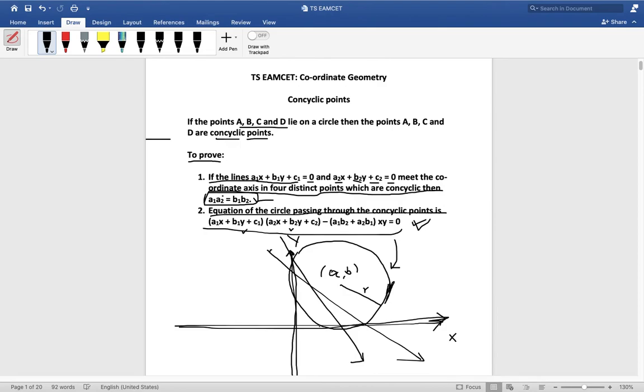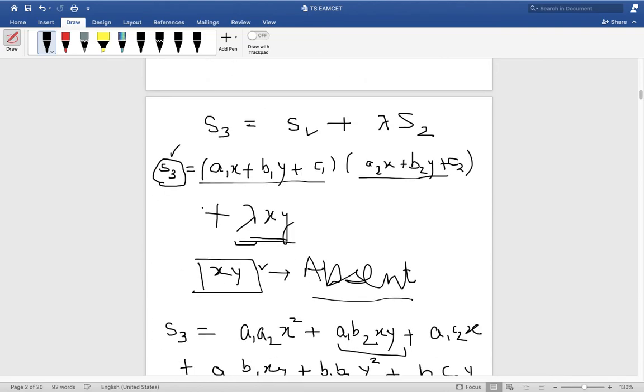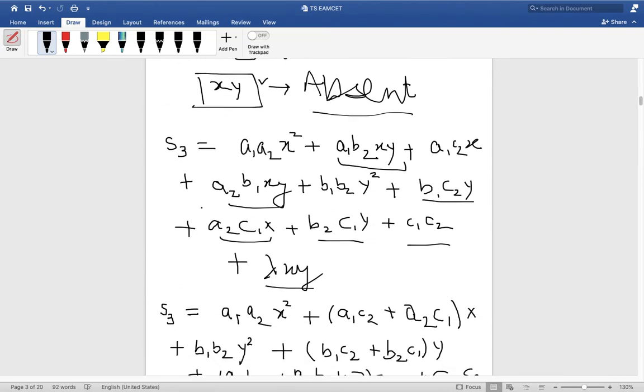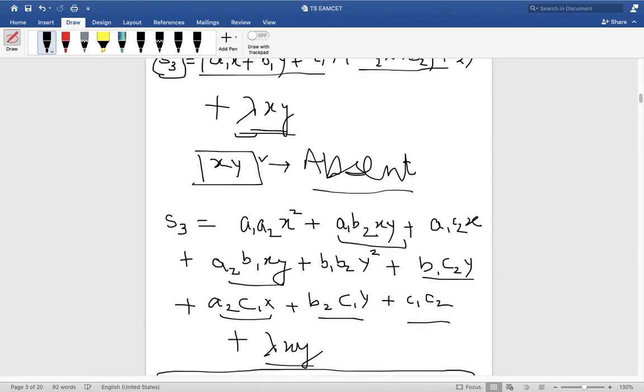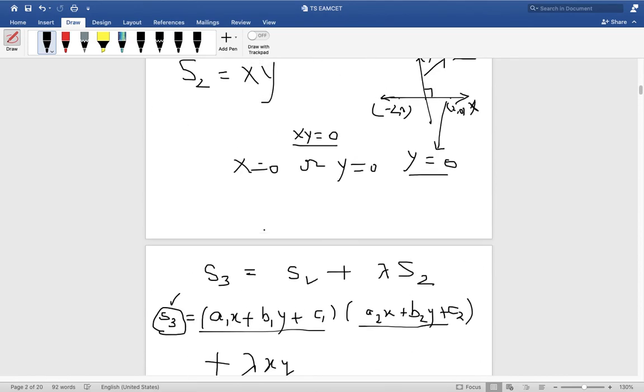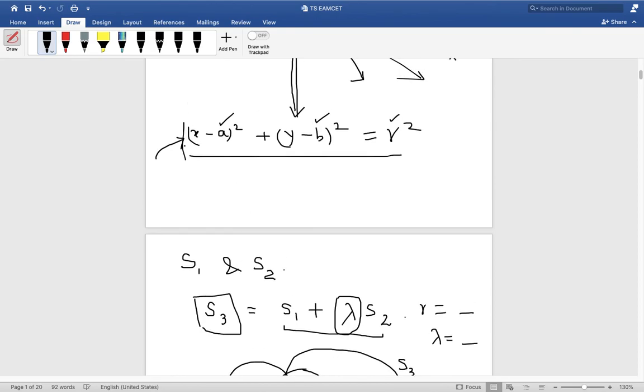Now we have to prove a1 a2 equals b1 b2. Let us examine the equation S3 again. So this was S3, the expanded form. Now notice that when I wrote the general equation of a circle, it is of this form: x minus a whole square plus y minus b whole square equals r square. So when you expand it, you get x square here and y square here.